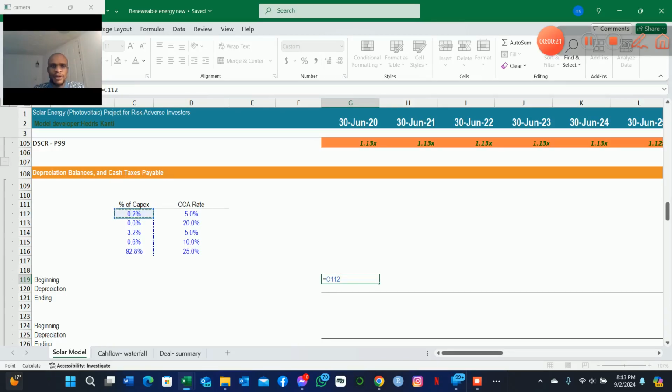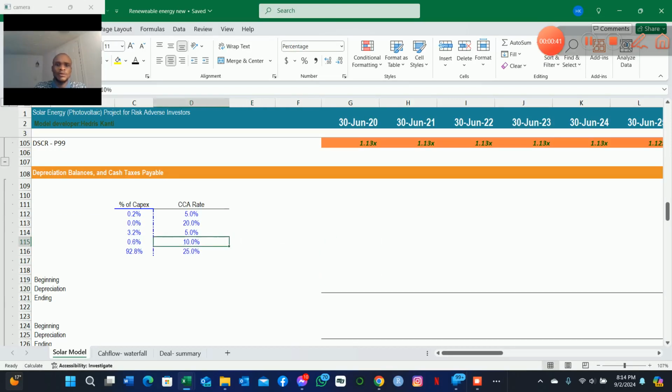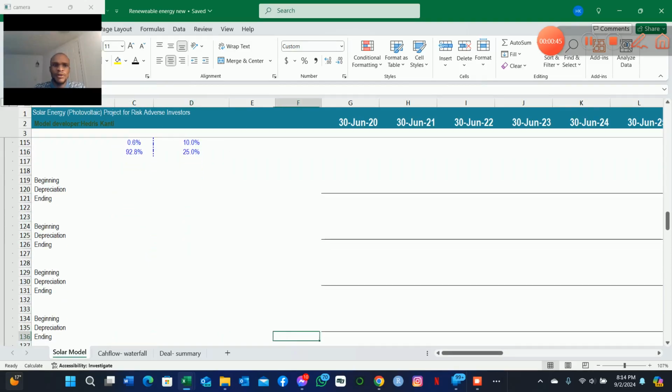So we know that it's 0.2% for this class of capex. So we could call it class A, class B, class C, depreciating under certain rules.